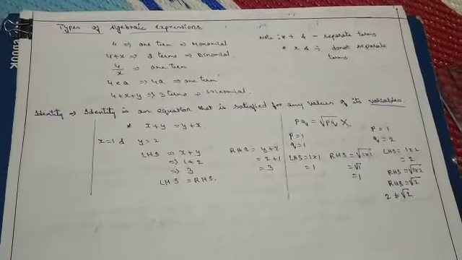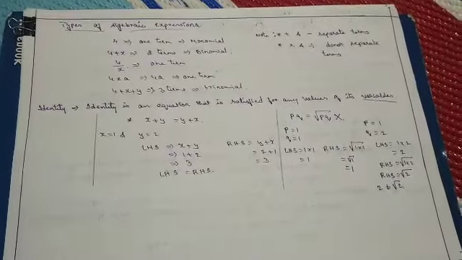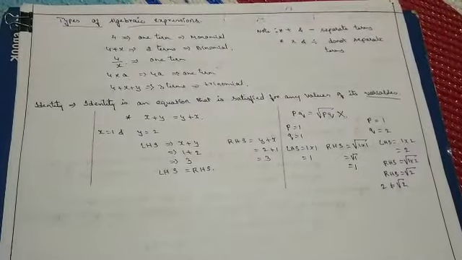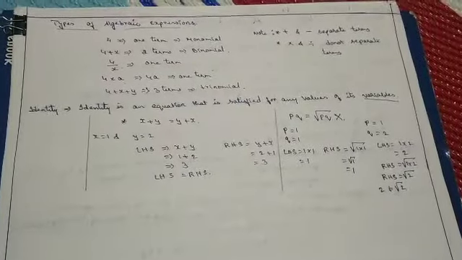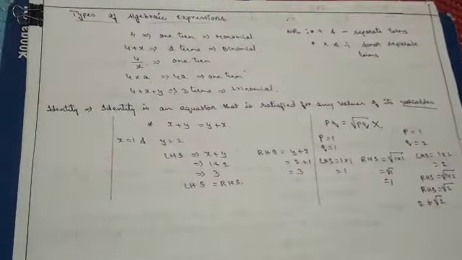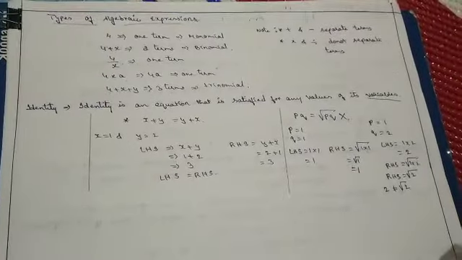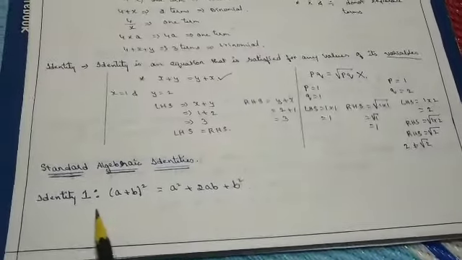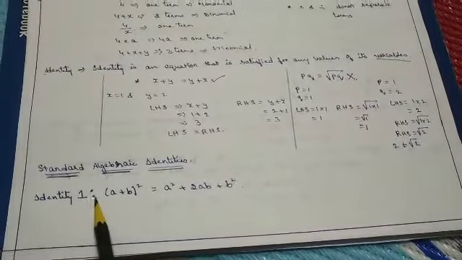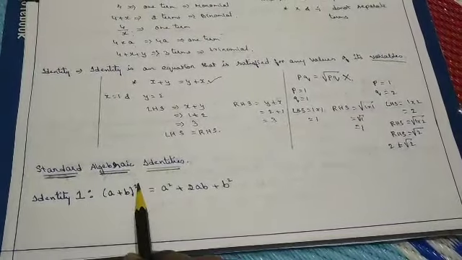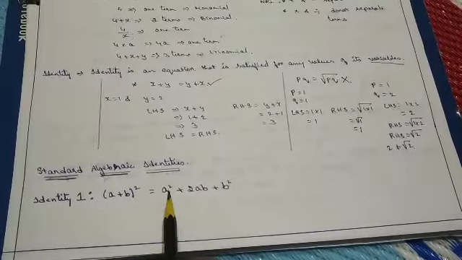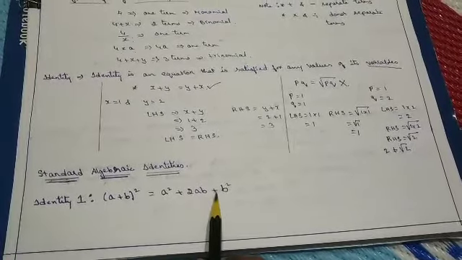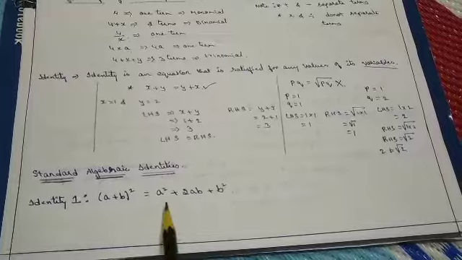Now let us start solving algebraic identities, that is standard algebraic identities. The first standard algebraic identity that you are going to study in your class is a plus b whole square is equal to a square plus 2ab plus b square. First we'll prove this.